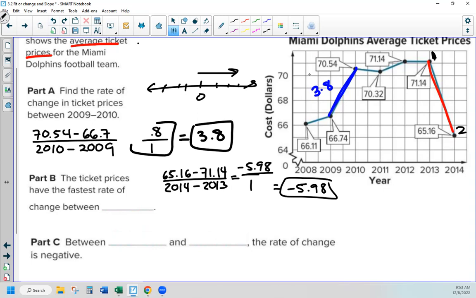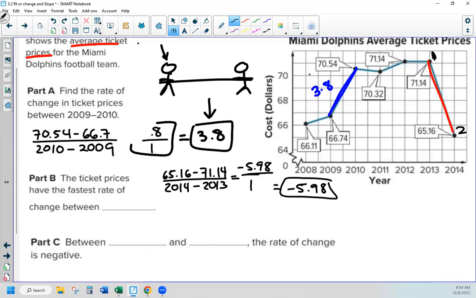So right now, if you say 3.8, you might be misunderstanding the question. Which number has a greater pull to their side, like a tug of war? Would a 3.8 be a bigger pull, a bigger tug of war person on the right side of the rope, than a negative 5.98? And the answer is no. Negative 5.98 is a stronger negative number. So that is the winner.